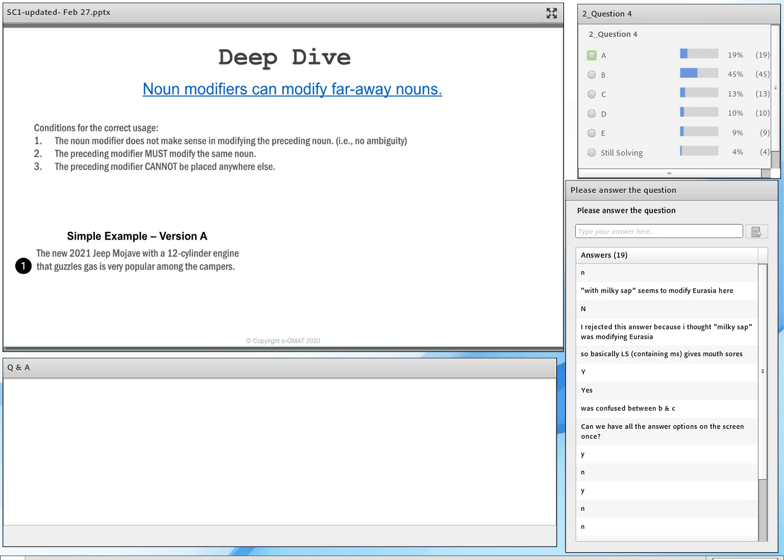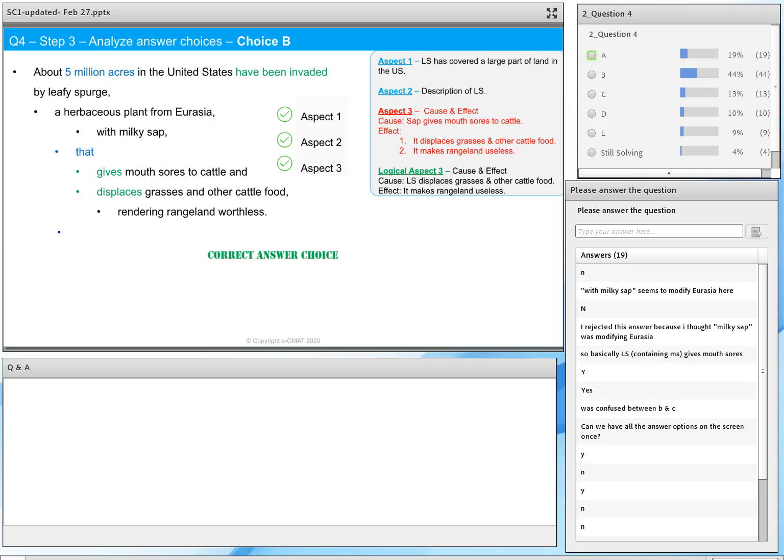So these are the conditions that are required for a noun modifier to modify a faraway noun, and we see that all these conditions are met in this sentence. With milky sap is modifying herbaceous plant, so we cannot place it anywhere else, and so it gives liberty to that to jump over milky sap and talk about herbaceous plant. So this is absolutely possible. Okay.